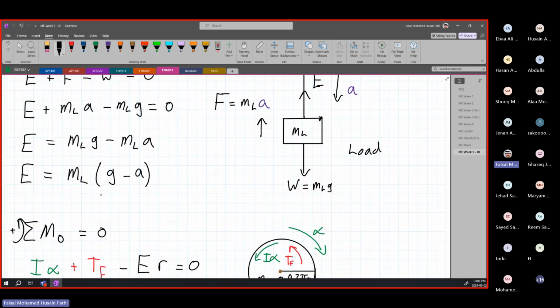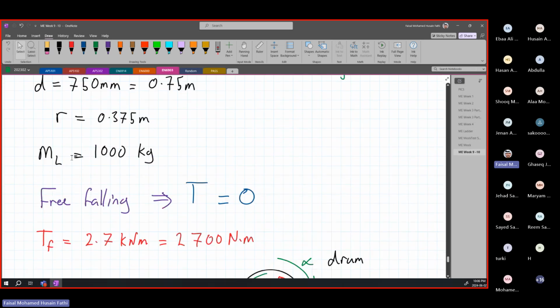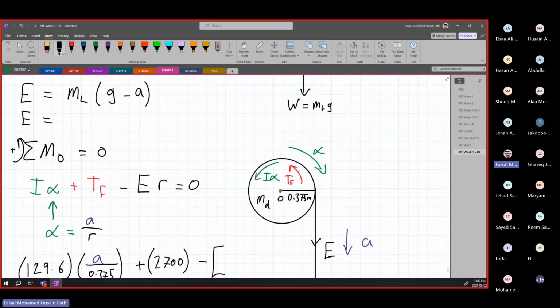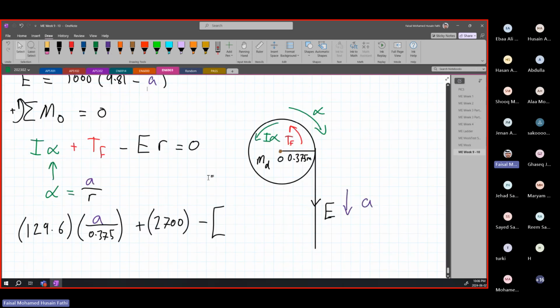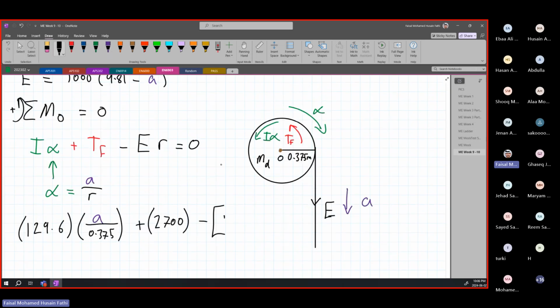Again, let us just plug in the values here for E. E is M load. M load is 1,000 kilograms. So it's 1,000 times 9.81 minus A. Remember, this is our acceleration A, that is the unknown that we are trying to find.